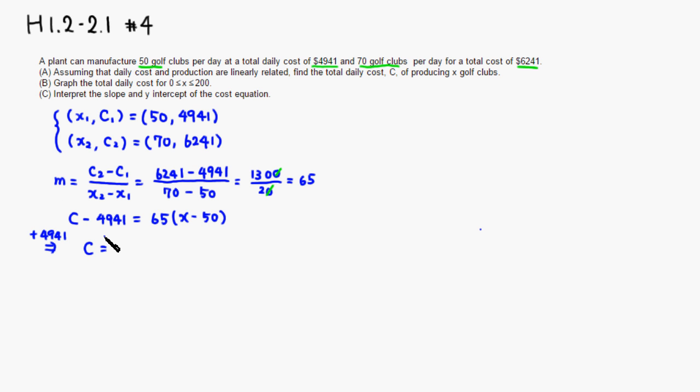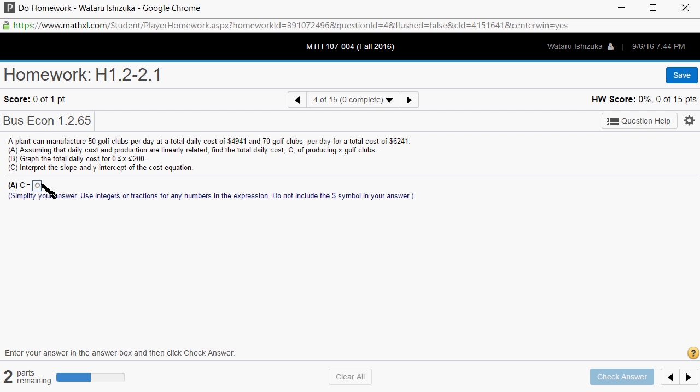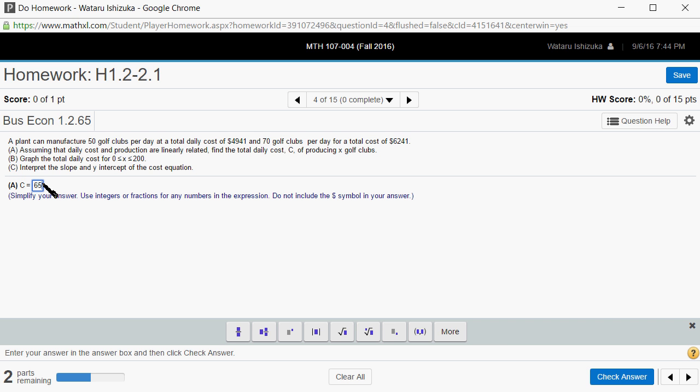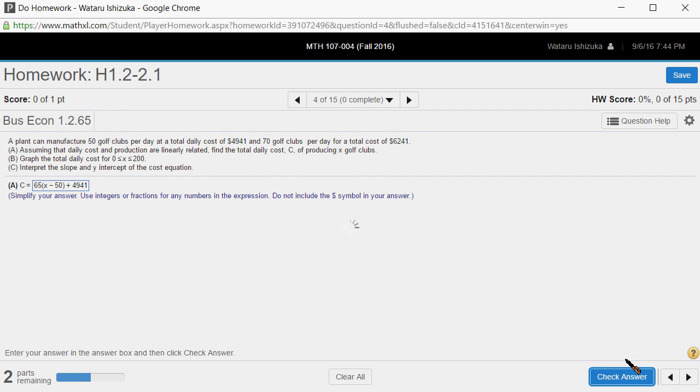So you have C is equal to, I'm going to just leave it in this form, if the system accepts it. Then you just add 49.41 at the end. Right, so let's type this in. C is going to be 65 times quantity X minus 50 plus 49.41. Alright, so let's check the answer.